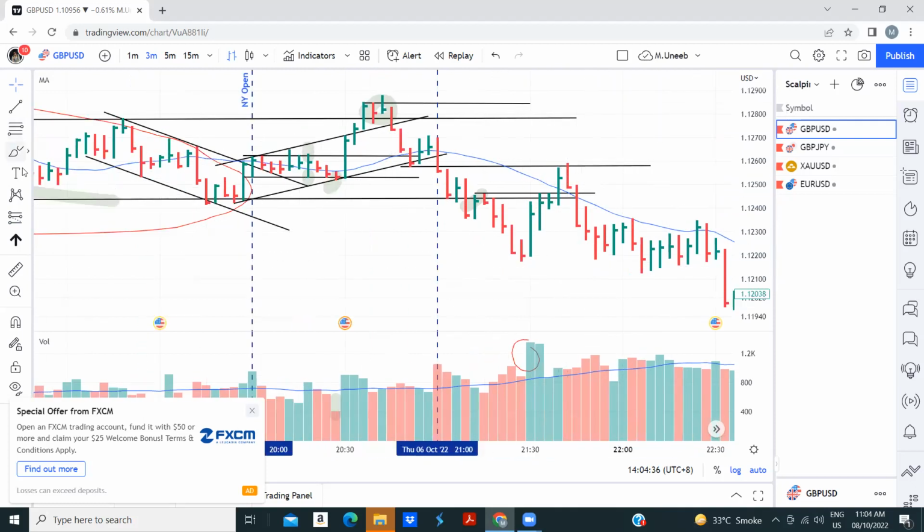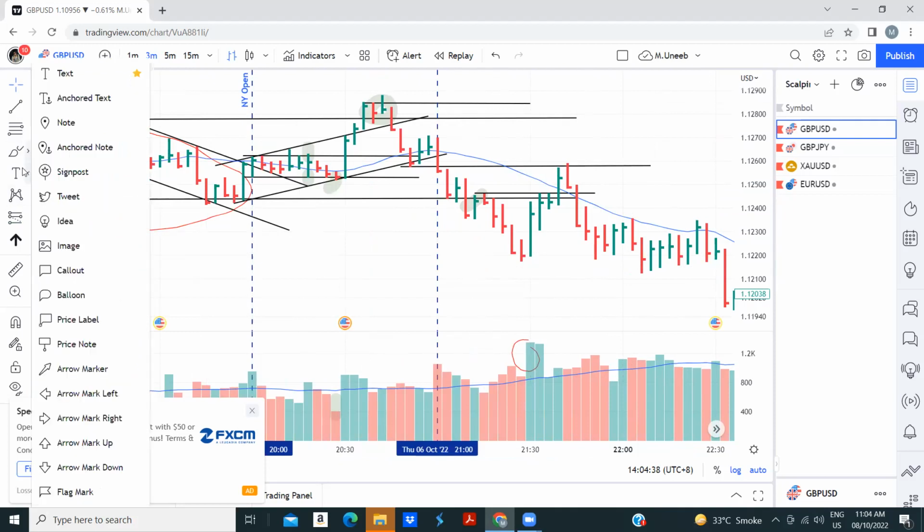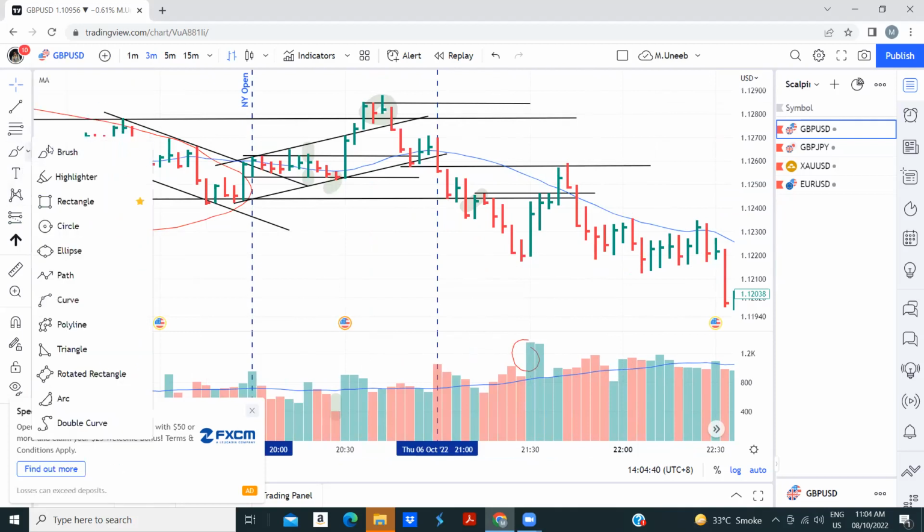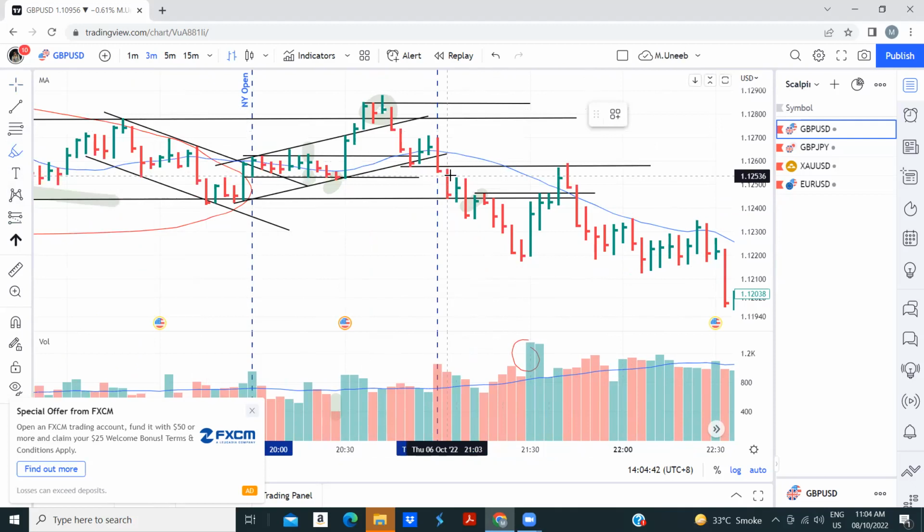Now consider this as one whole move, falling through ice, right? After falling through ice, we are testing this region.